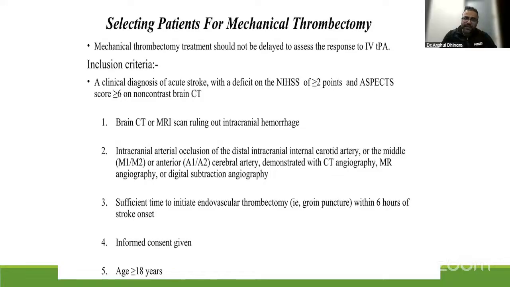Selecting a patient for mechanical thrombectomy should not be delayed to assess the response to IV tPA.